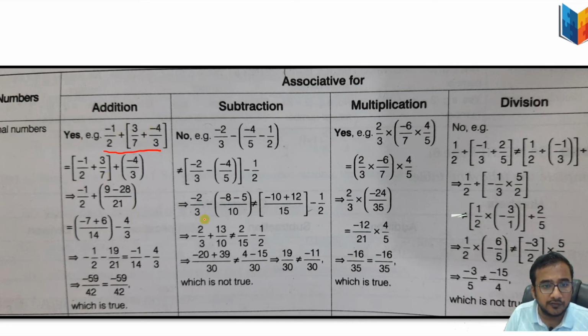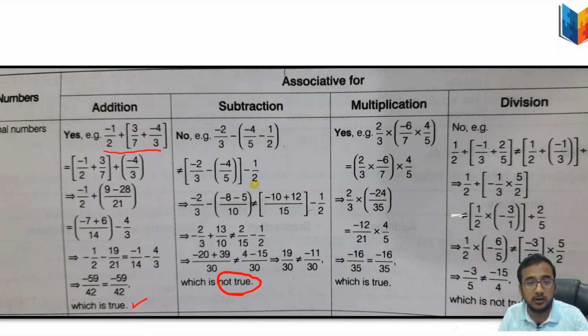So this is the form which is true. For subtraction, it is not true. You can see minus 2 by 3. If we change the form, it is not applicable. The values are different, you will get a different value for one and for another, I think 19 by 30 and minus 11 by 30, which are not the same. For multiplication, yes, it will be the same.